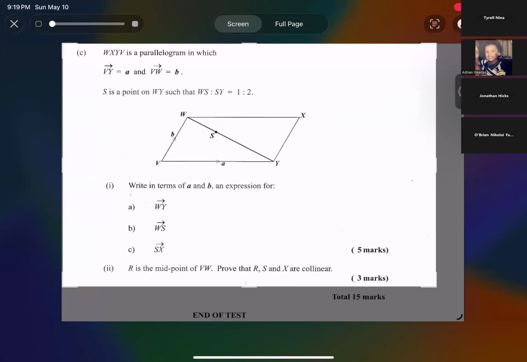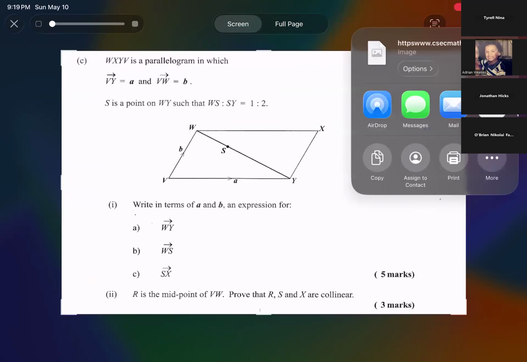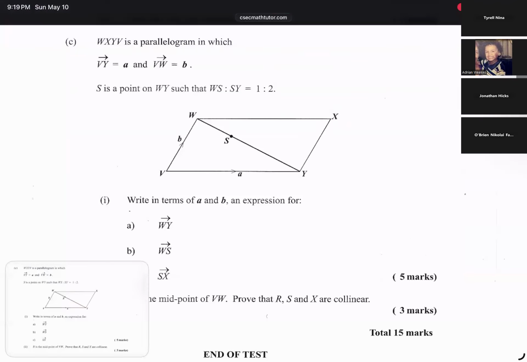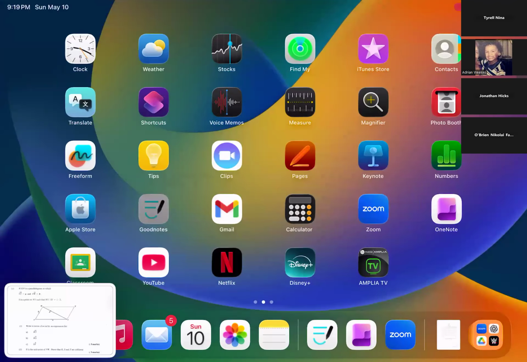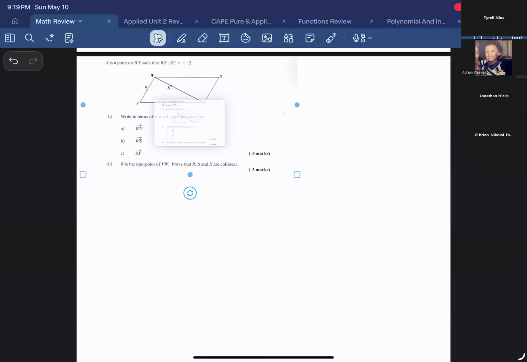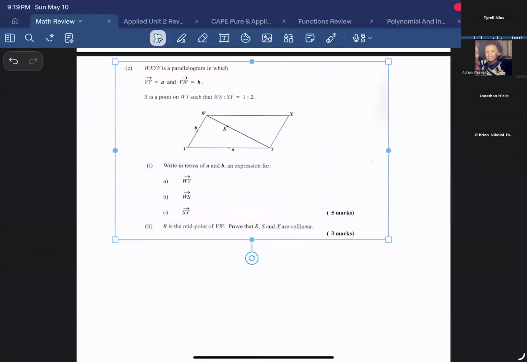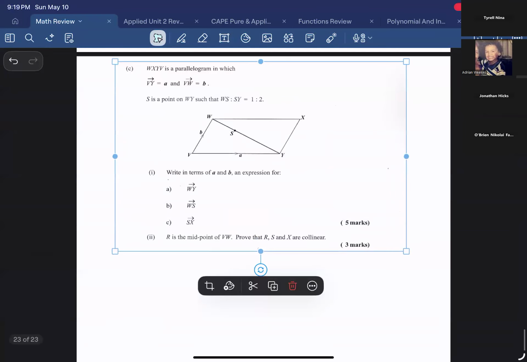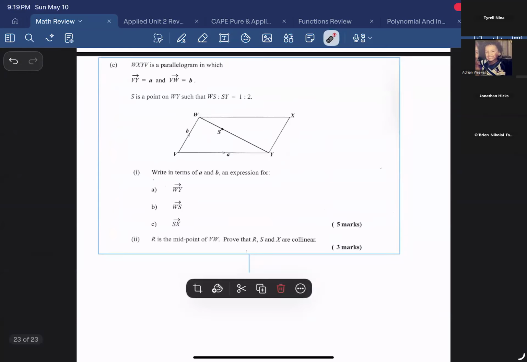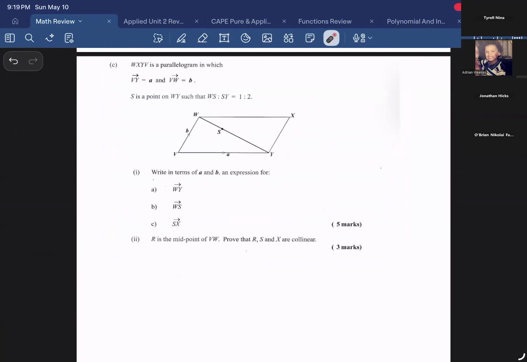So let me try it and see. All right, try this one.